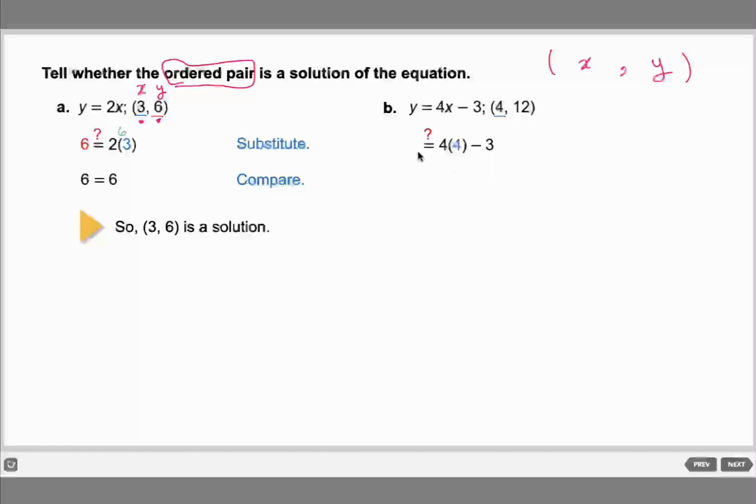And we need to write the value for y that we need to check in the left side. The value for y is 12. So we need to check if 12 equals 4 times 4 minus 3. Okay, help me, my heroes. 4 times 4?